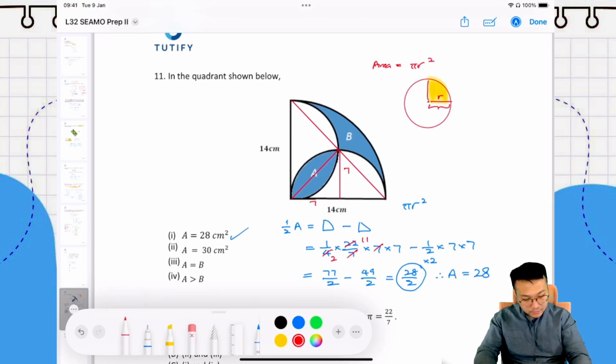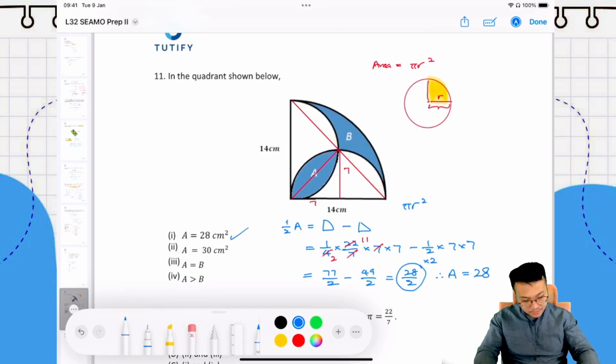So if I want to find the total shaded regions, I'm going to imagine that this whole part is shaded. How am I going to find the entire shaded part? Again, we're going to take a quadrant minus a triangle.